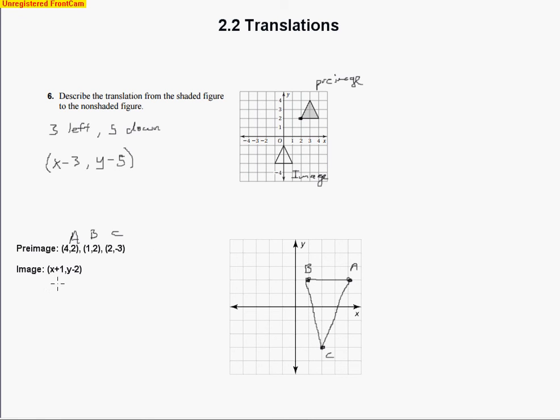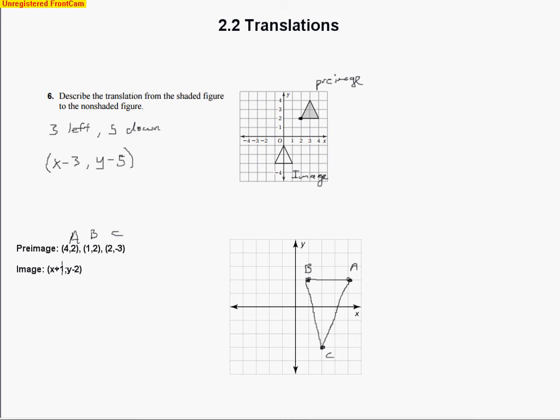And then I'm going to follow what the rule of the image is. So this is my pre-image. My new image is going to be when I follow what the rule says here, x plus 1. So I'm just going to go 1 space to the right and then 2 spaces down.